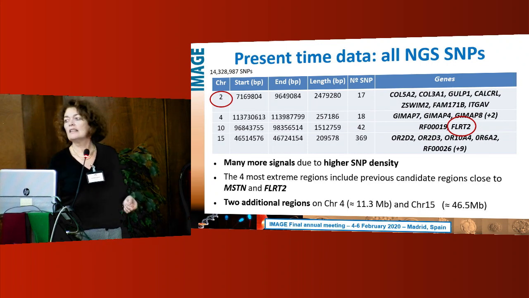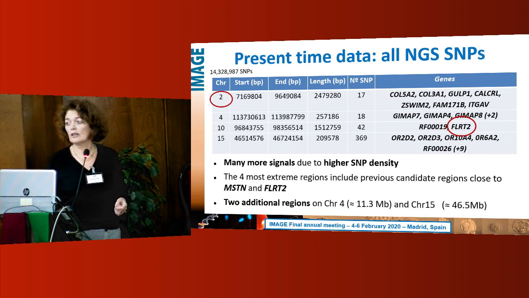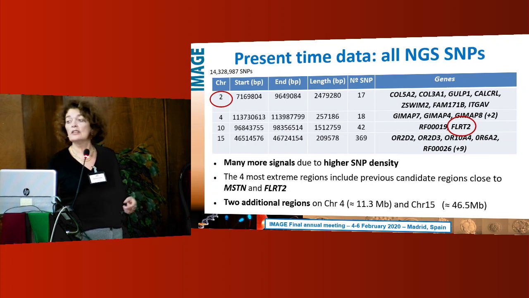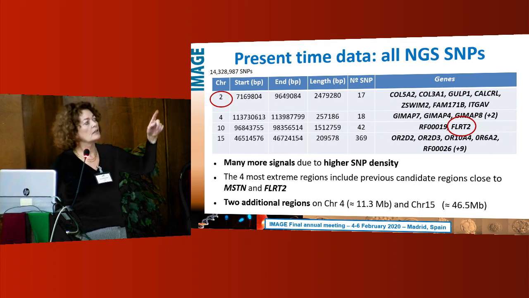And we find these regions which have very high signal. Again chromosome 2, now chromosome 4, chromosome 10 again, with the same loci, the same candidate gene, FLRT2, which is associated to birth weight, and chromosome 15. Okay, I'm going to talk about this candidate region a bit further.